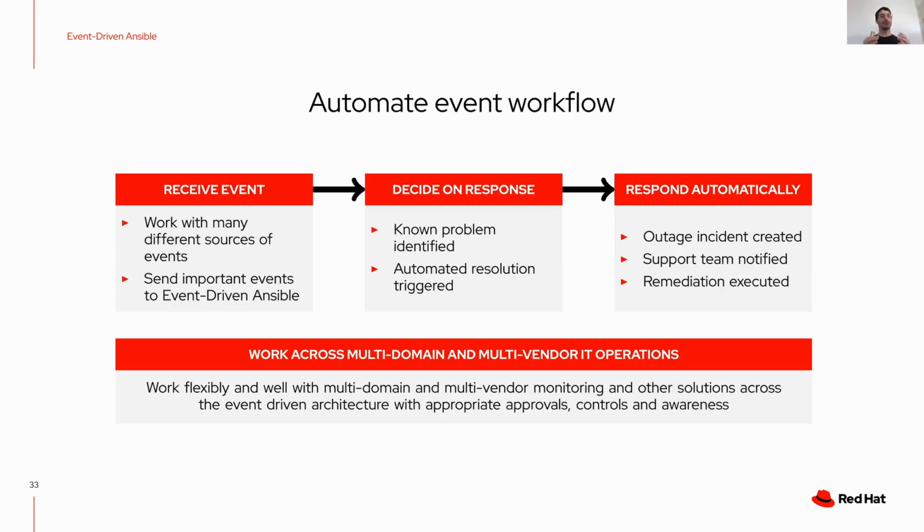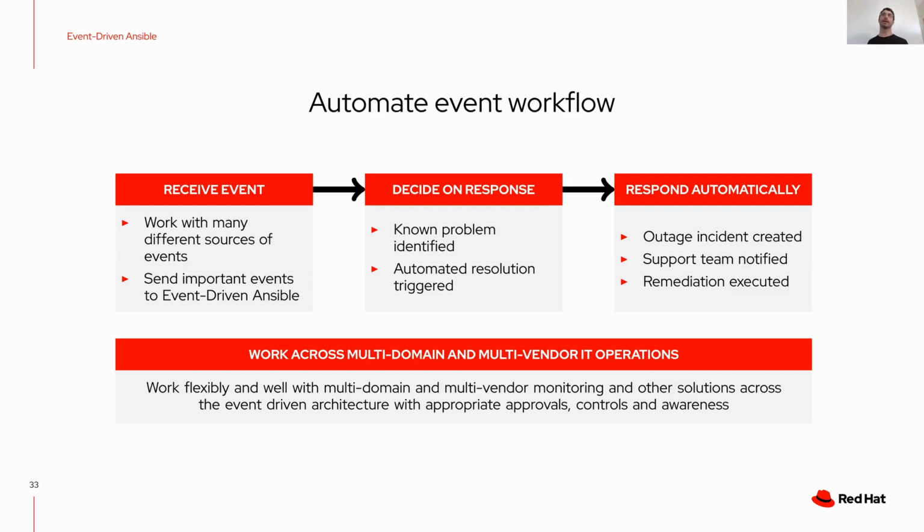Now, maybe due to your rules, based on the specific machine, the specific disk, or maybe the time of the day, whatever is sensible for your decision, the system decides that it makes sense to extend that disk. And what it will do is trigger an Ansible playbook that extends that disk.